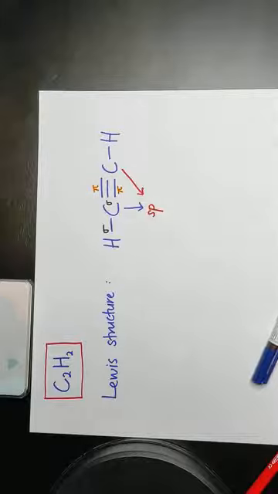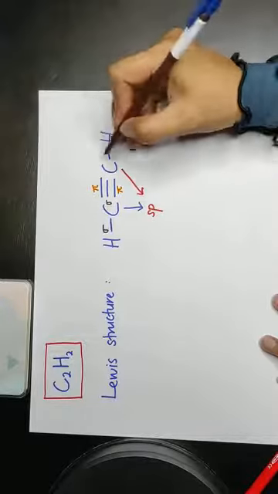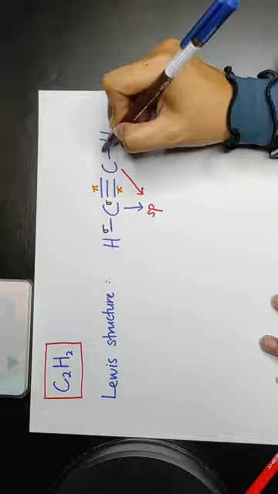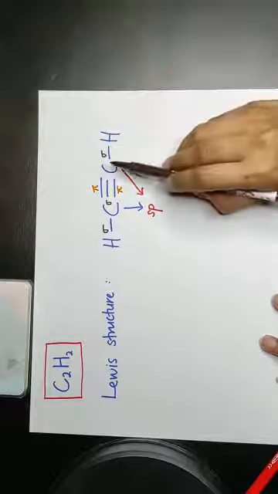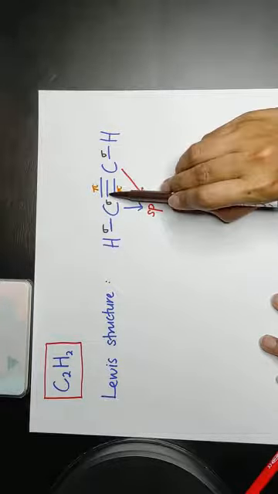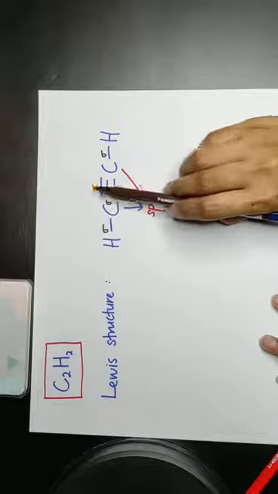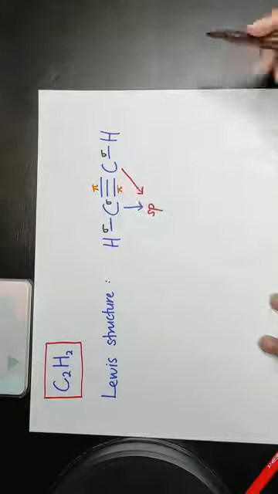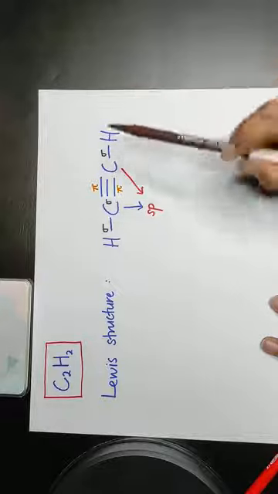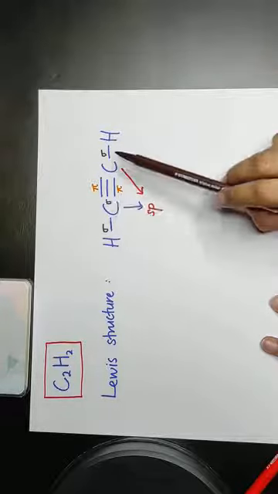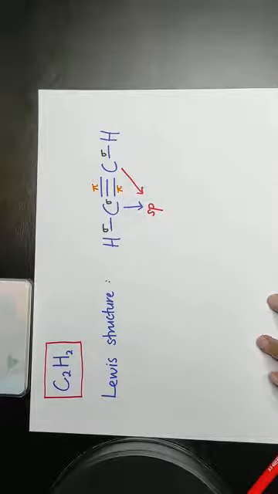And the same goes for the neighboring carbon. This is 1 sigma bond, and in this triple bond it has 1 sigma bond and 2 pi bonds. Now we are going to describe the formation of sigma bond first. Okay, let's continue.